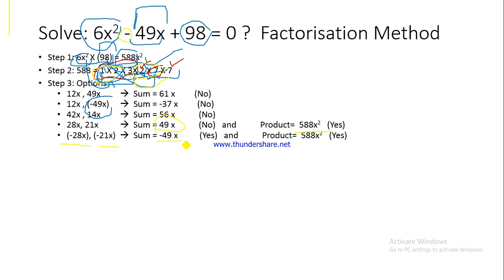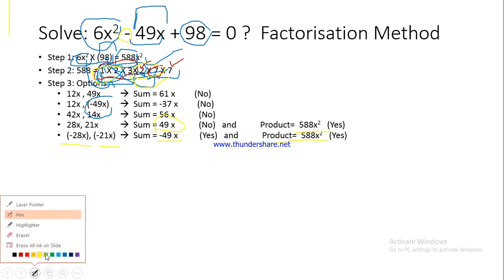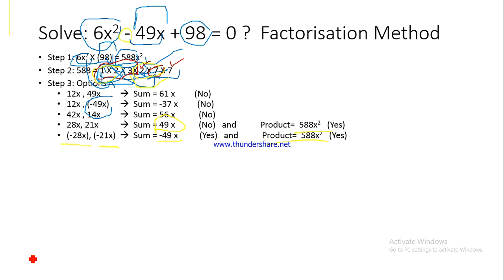When you add them up, this becomes minus 49x, and when you multiply them, minus and minus multiplied would be plus, and 28 into 21, you will have to do an x square, so you'll get 588x square, which indeed is the product that you wanted. So this is the split that we are going to use now. So let us start moving ahead.